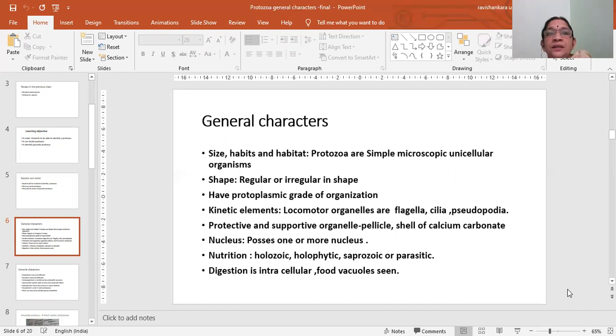Digestion is usually enzymatic, and if the protozoa take in food, it is in the form of vacuoles called food vacuoles. The endocytosis results in the formation of endocytic vacuoles.